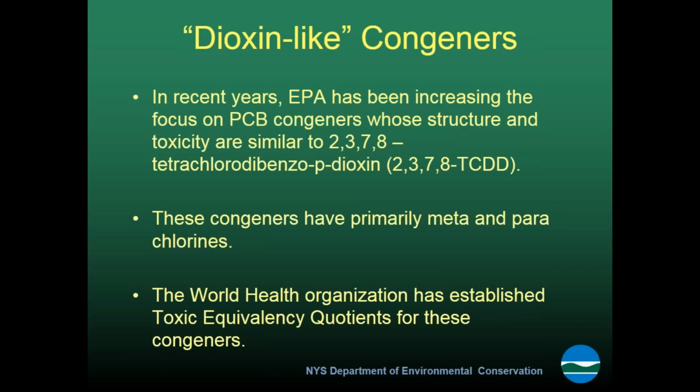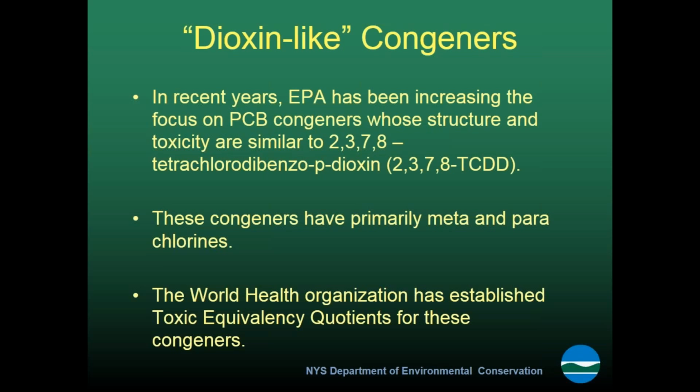There are some congeners that are more toxic than others, specifically a group of dioxin-like congeners that the World Health Organization has identified as really highly toxic. World Health Organization has suggested some much lower limits for those chemicals.